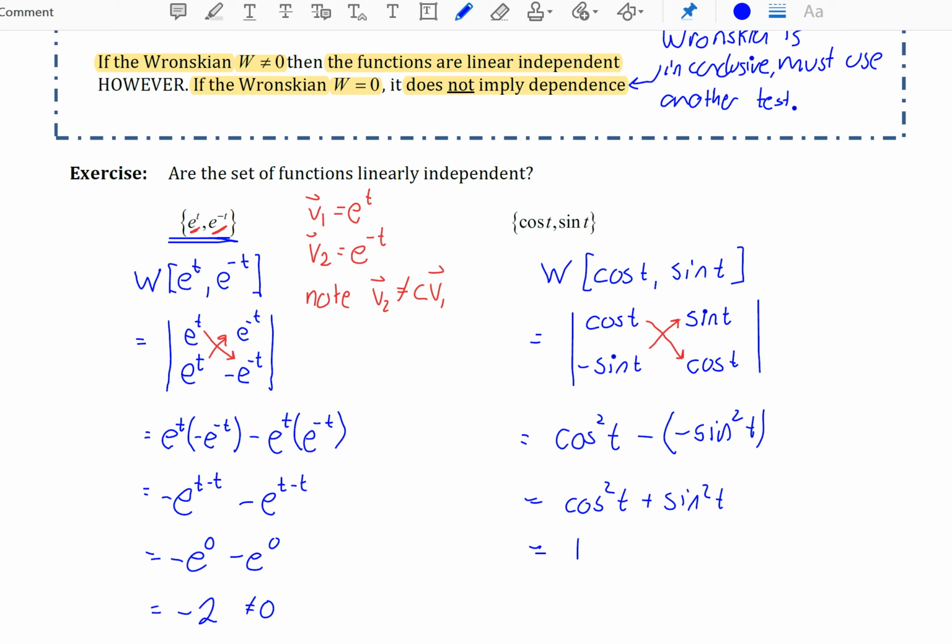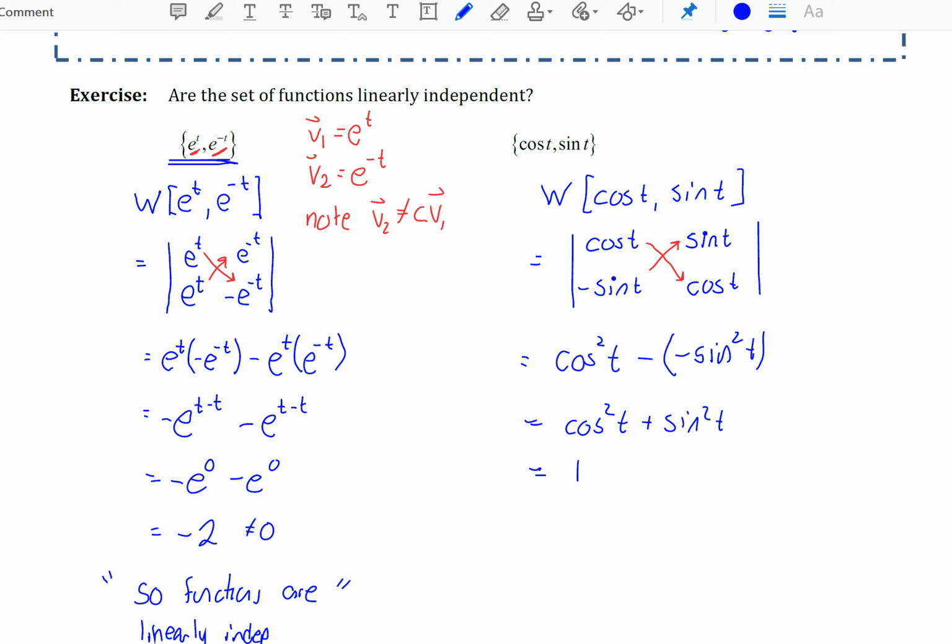And because it's not 0, we can say the functions are linearly independent.